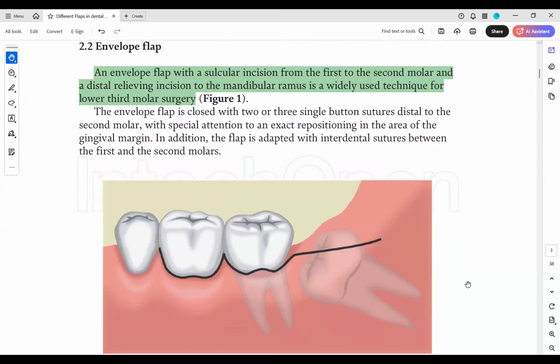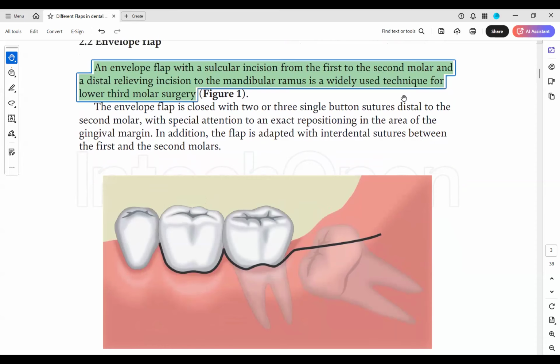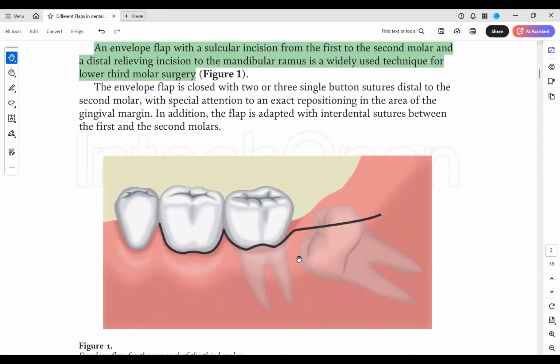This illustration depicts the envelope flap. It is given along with a circular incision that you would give from the first to the second molar, and then it doesn't have a vertical releasing incision. You see, there is an incision that follows it. It relieves the flap, but it goes horizontally posteriorly into the ramus.